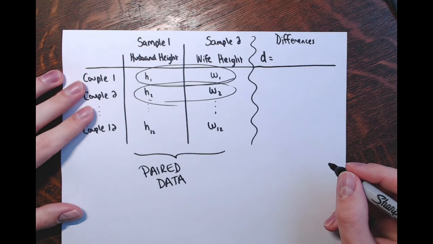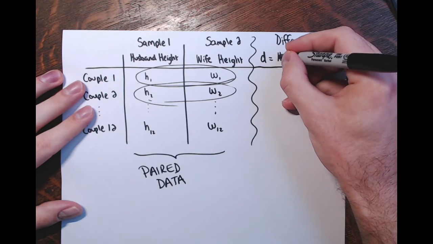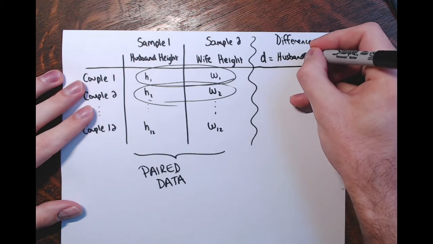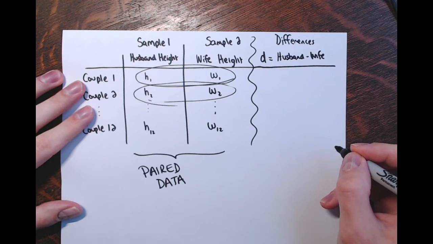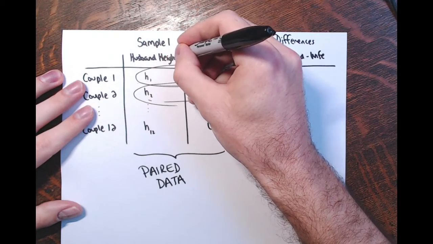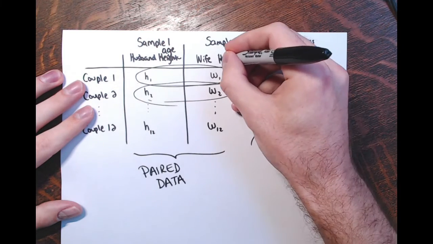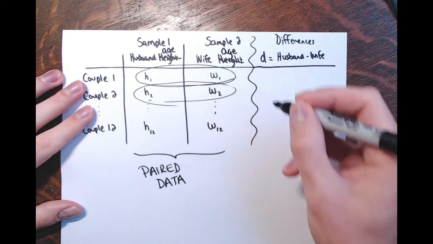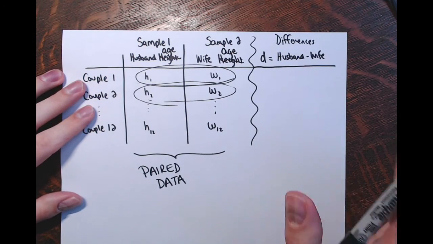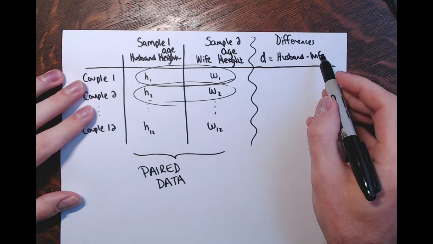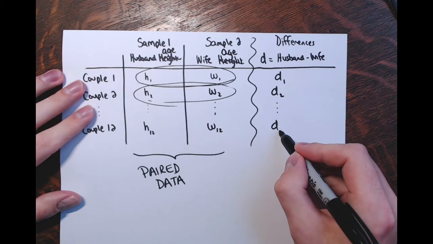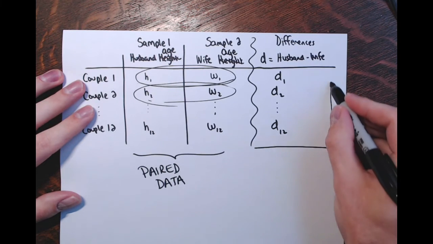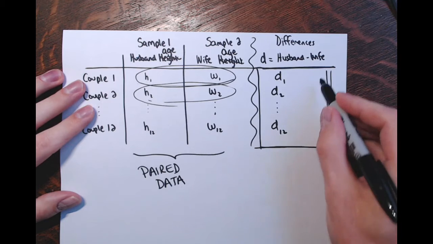They said they're taking the age of the wife, subtracting it from the age of the husband, so it's husband minus wife age. Oh, these are ages, not heights. Sorry. Husband ages, wife ages, not heights. Anyway, take the husband age minus the wife age. So then you have the first difference, the second difference, and then the 12th difference. And then we're going to be focusing on this sample of differences.